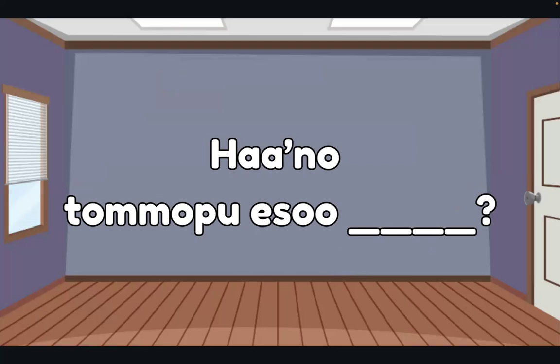You're asking, how old is this blank? So, for example, if I wanted to say how old is this girl? It's ha no tomopu ishu tsua. How old is this girl?